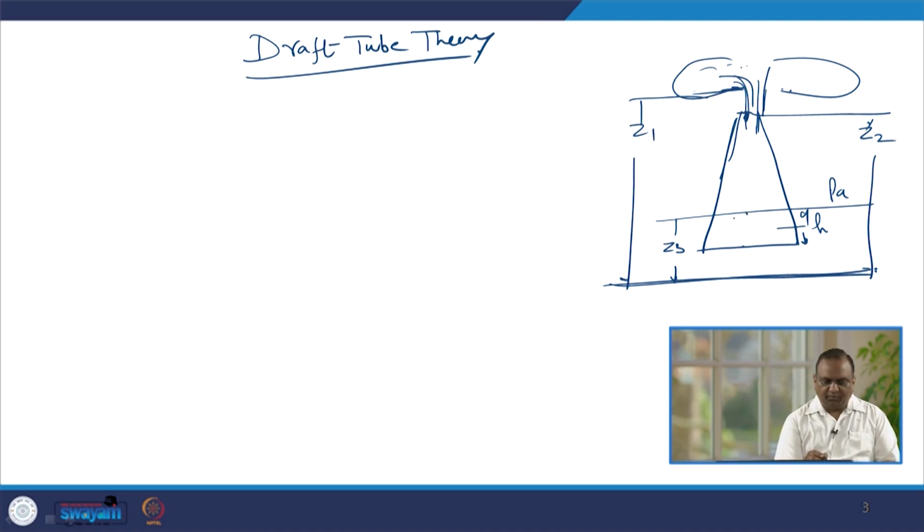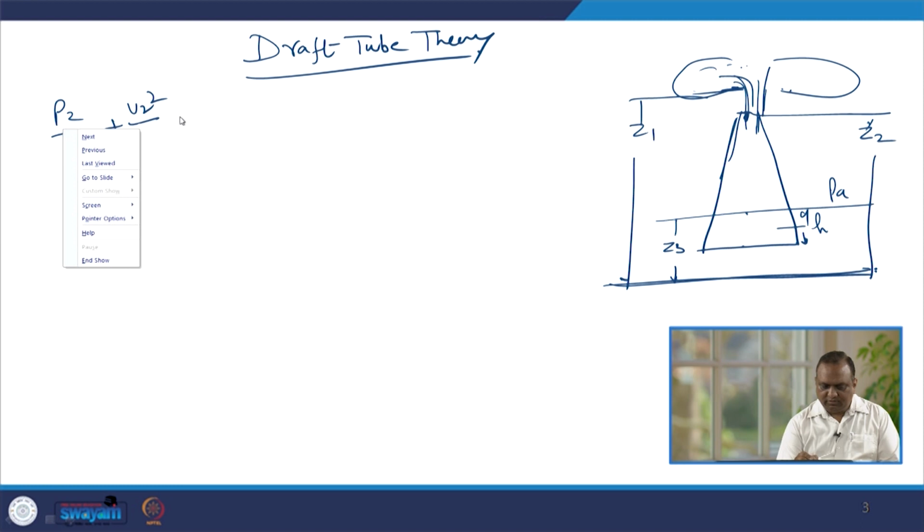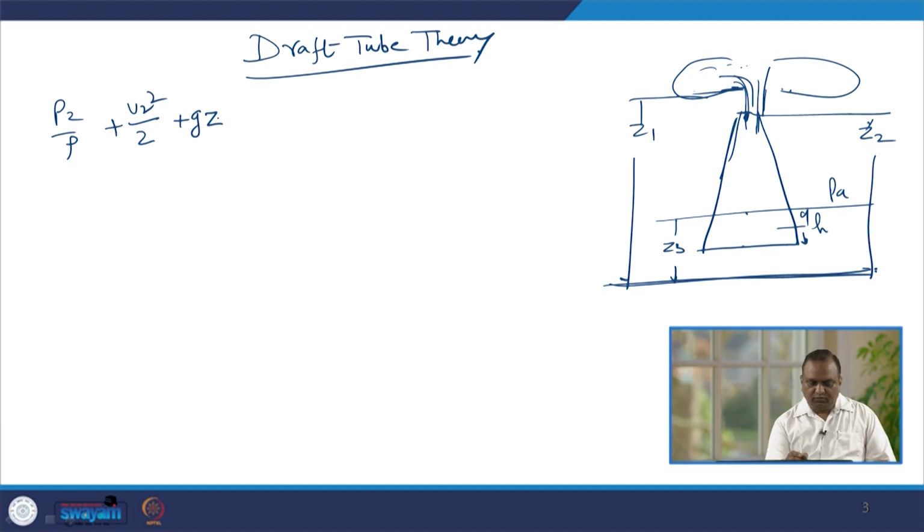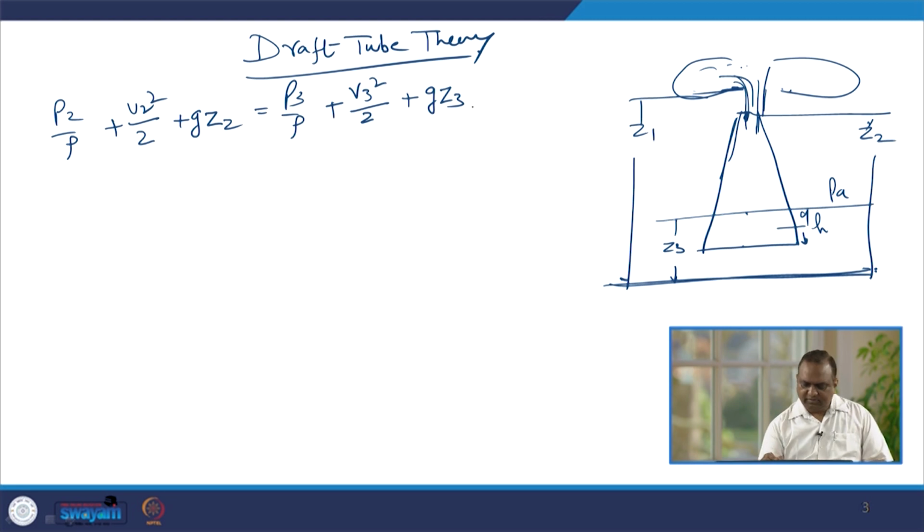So, P2 by rho plus V2 square by 2 plus gZ2 is equal to P3 by rho plus V3 square by 2 plus gZ3 plus gHf.